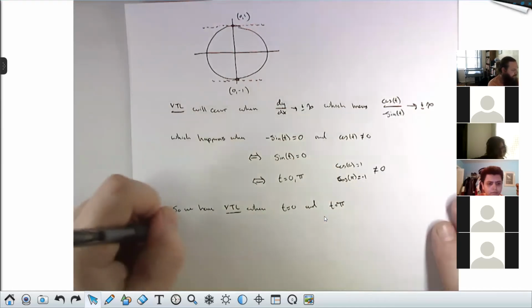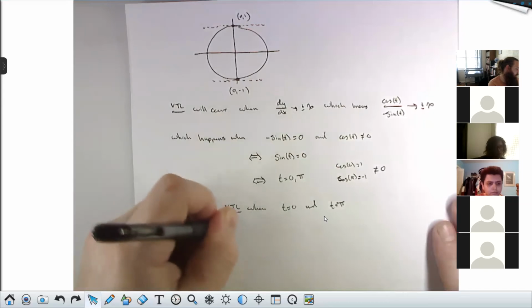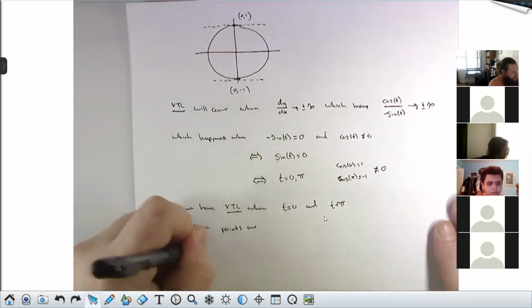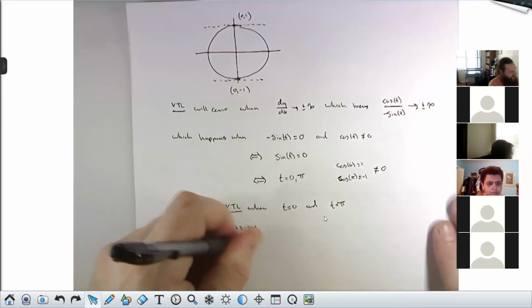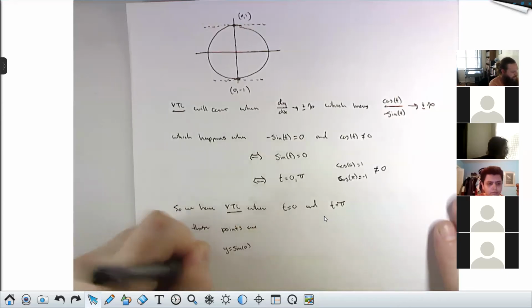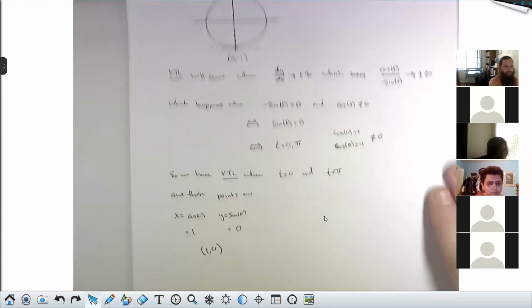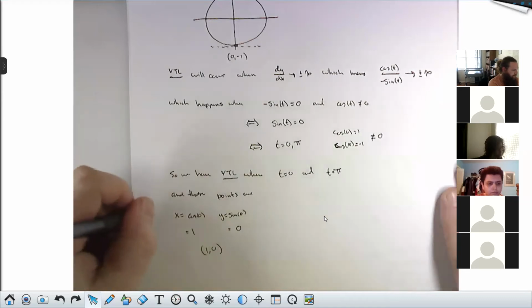And the points there: x is the cos of 0, y is the sine of 0, so that's 1 and that's 0. So this is the point 1, 0. And the other one, this is coming from t equals 0.